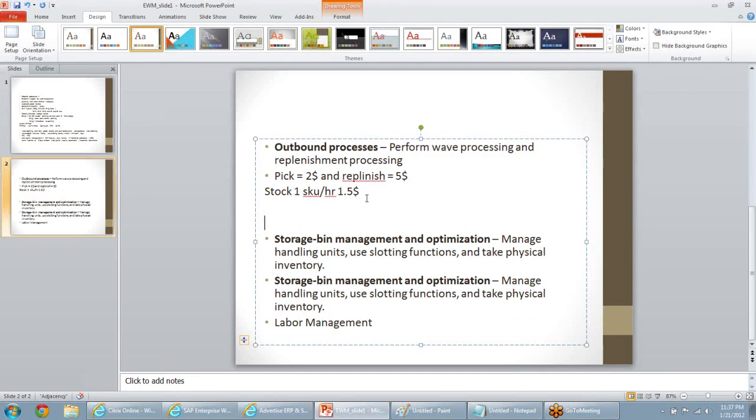At the end of the day, if I want to run my business very efficiently, I have to minimize the picking plus the replenishment plus the stock keeping. At the same time, I should not miss any of my orders. If any of you have worked with optimization techniques or linear programming, you will know these kinds of problems.